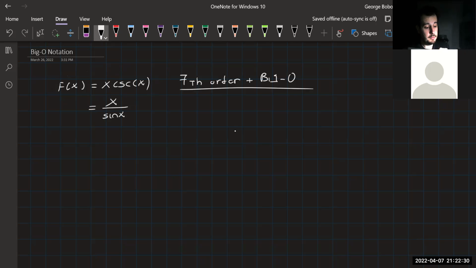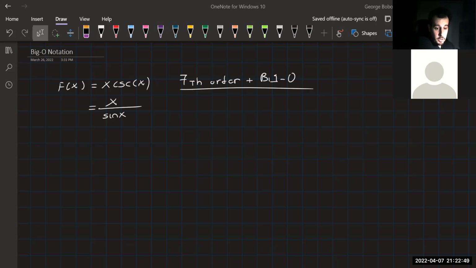And I know, or at least you will be given, the Taylor series of sine. I don't know it by heart, but I can do a quick Google search. And again, if you're asked a question like this, you should be given the Maclaurin series of sine.